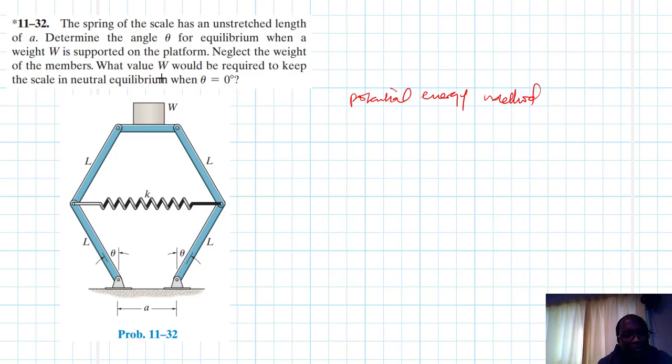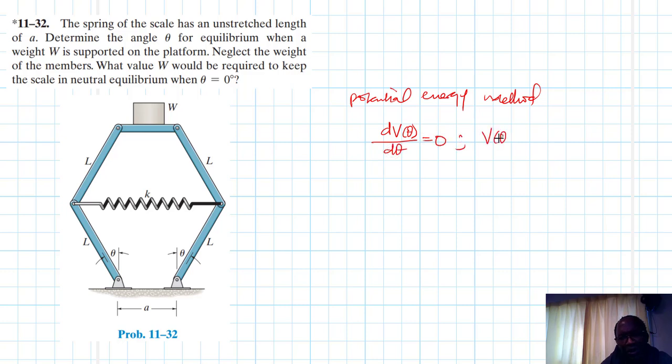If you remember in the previous videos, we were using the virtual work method, which we can also use for this particular problem and still find the same answer, but we intend to use the potential energy method. What is this method? This method states that the first derivative of our potential energy function with respect to theta is equal to 0.